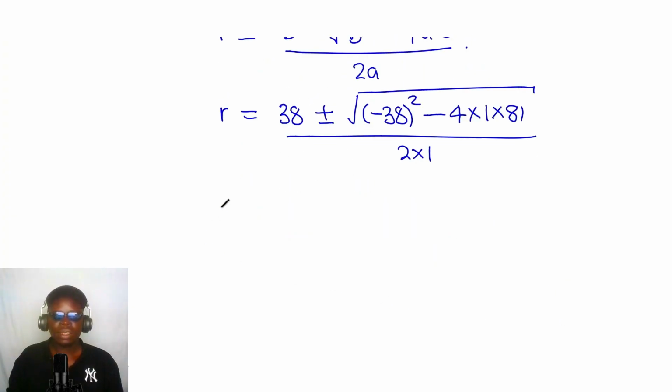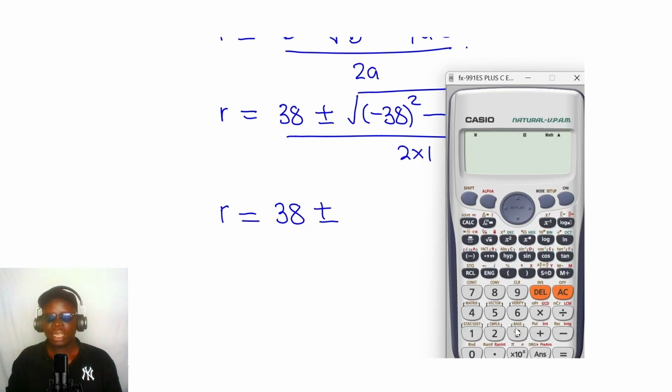Therefore, at this stage, let's rewrite our 38 plus or minus. We need to square our negative 38 to see what we get. Let's have 38 square, that is 1444.